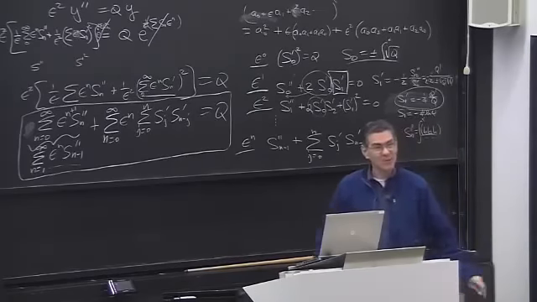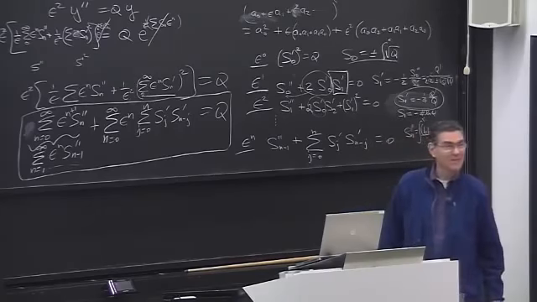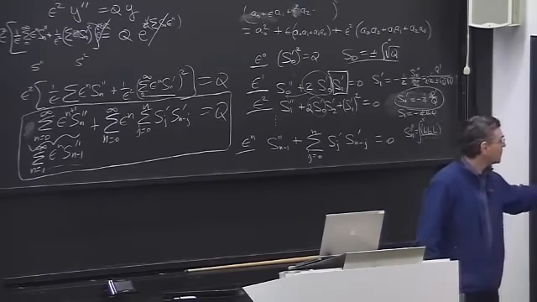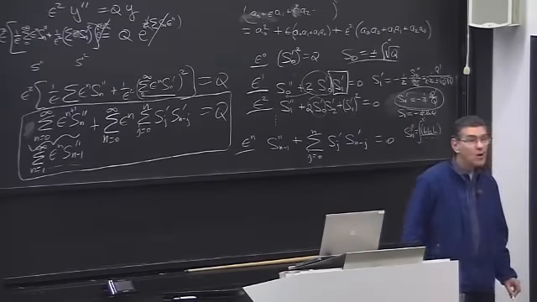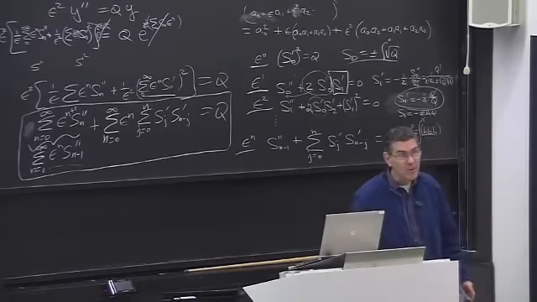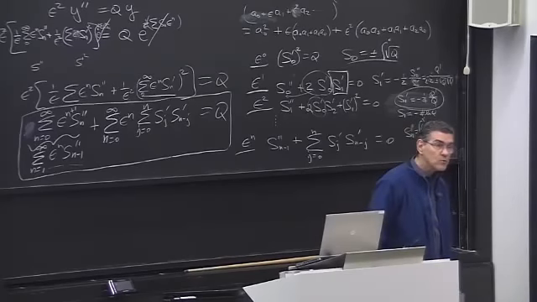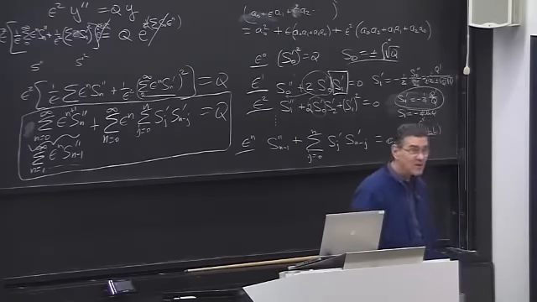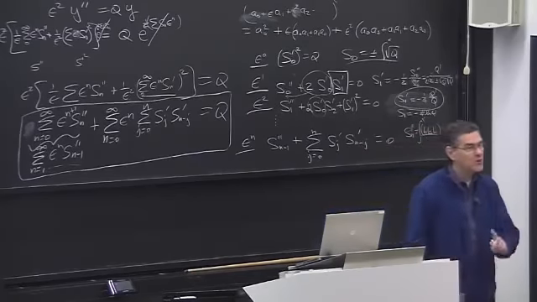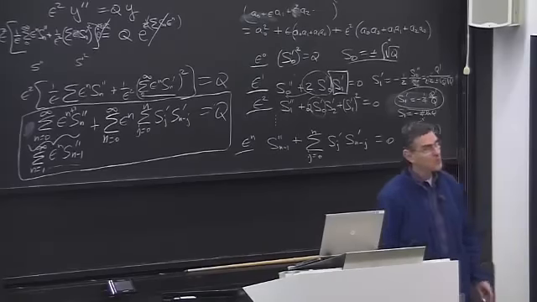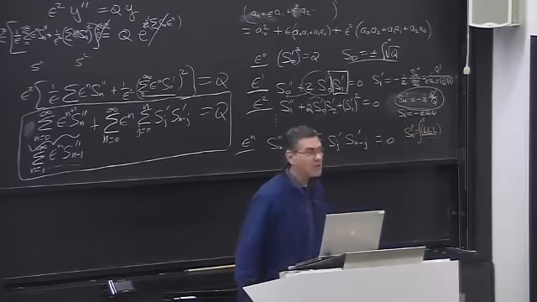Ah! That can't be right. But if q equals 0, we can't calculate S1. This is what I was saying. Oh, you said that. I thought you said if S1 equals 0. Okay, good.